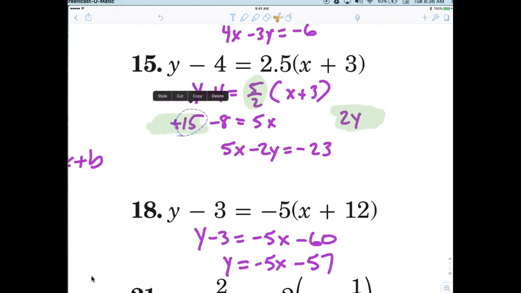When I do that, the 15 becomes negative, and the 2y becomes positive. No, wait a minute. It was negative. I knew I should have trusted you. 5x minus 2y. Yes.